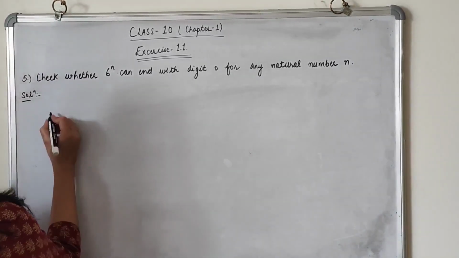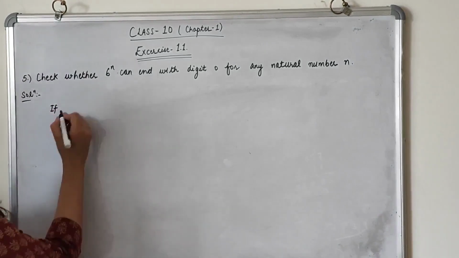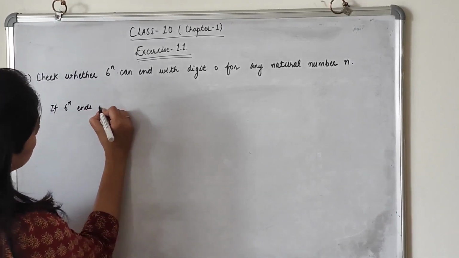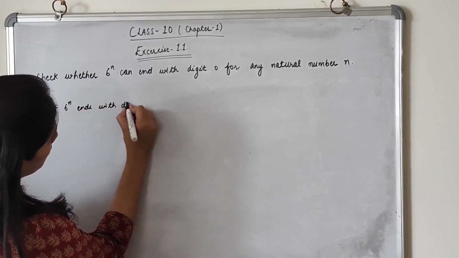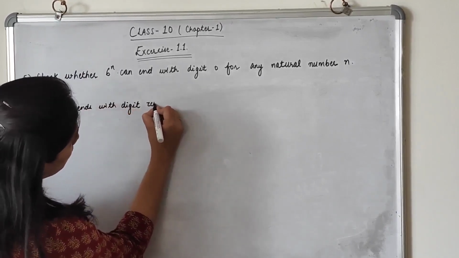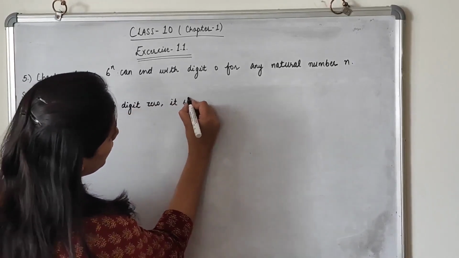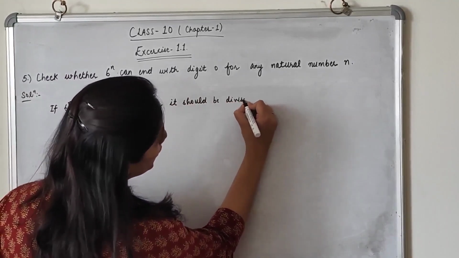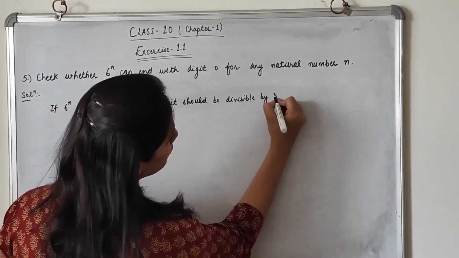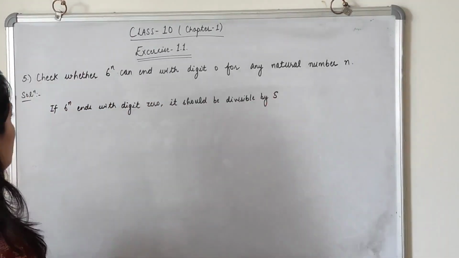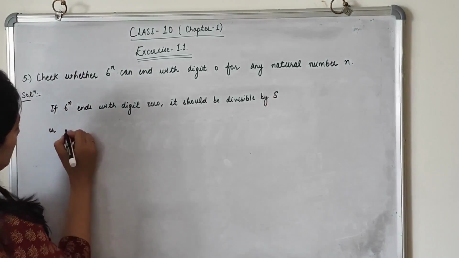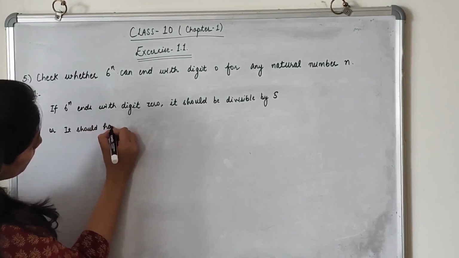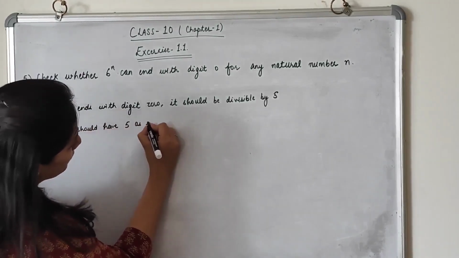So the solution is, if 6 raised to power n ends with digit 0, it should be divisible by 5, or you can say it should have 5 as a prime factor.